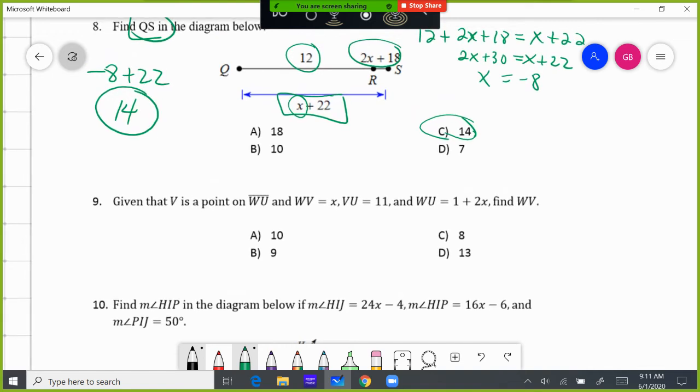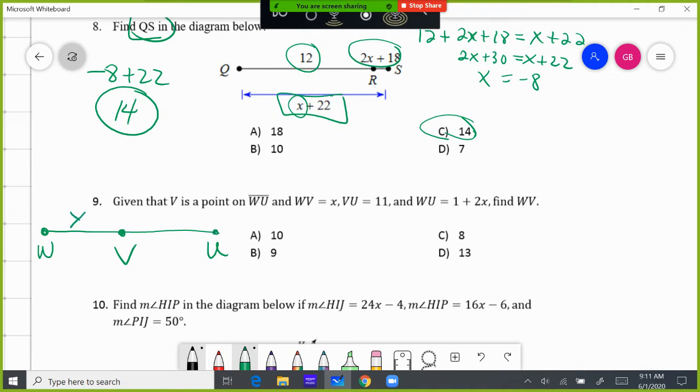Number 9. Given that V is a point on WU and WV is equal to x, let's draw that out. So we can label it. V is on WU, somewhere in between.